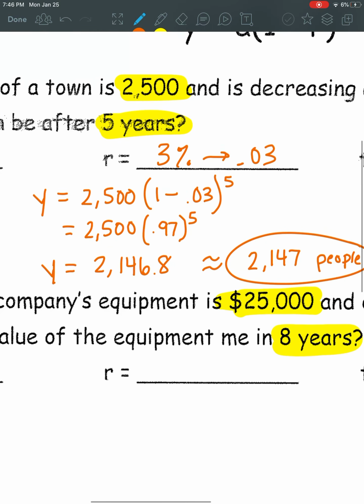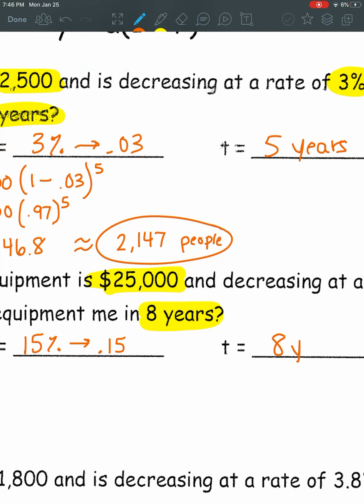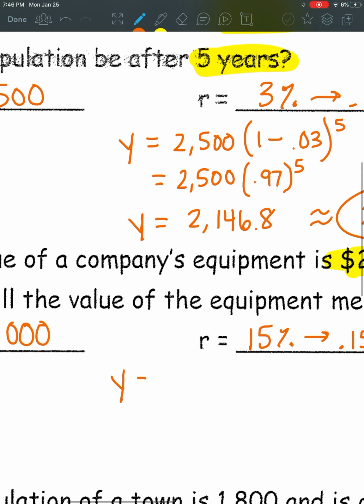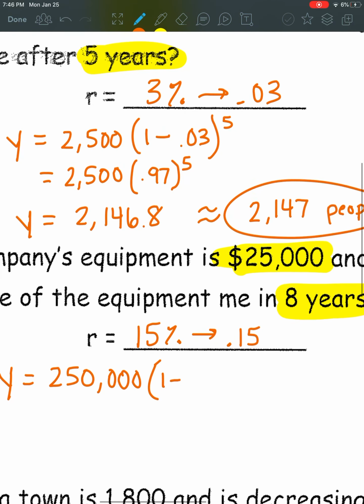So the initial value of this equipment is $25,000. The rate, we've got a higher rate of decay this time, 0.15 or 15%. And we're going to figure that out after 8 years. So y equals 25,000.